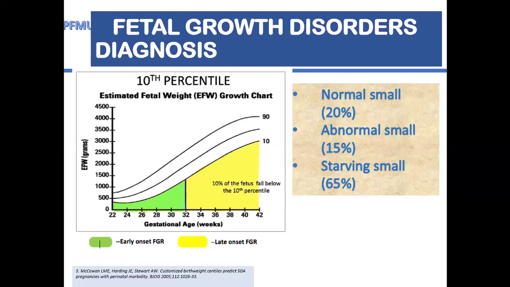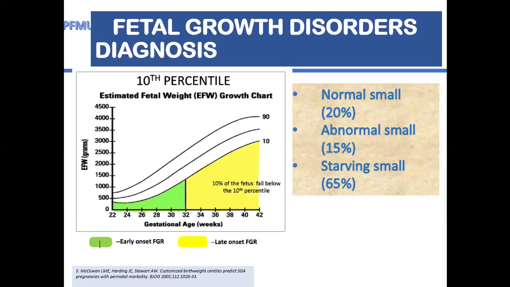Then we've got 15% who are abnormally small, and this is a result of abnormality or infection. Then the majority, almost 2/10, are a result of the placenta. So they are called starving small because the placenta is not feeding them well.